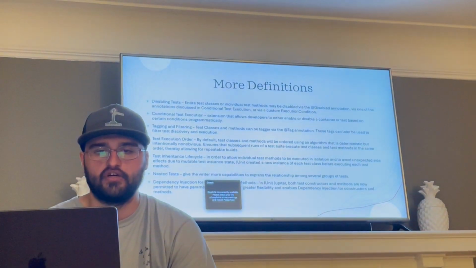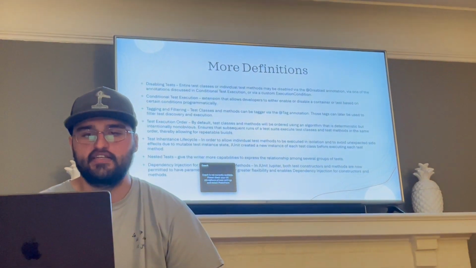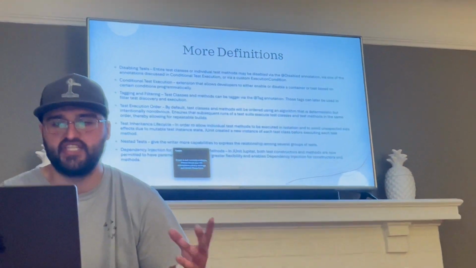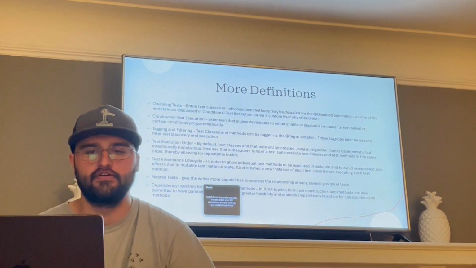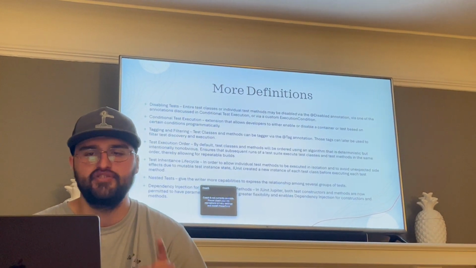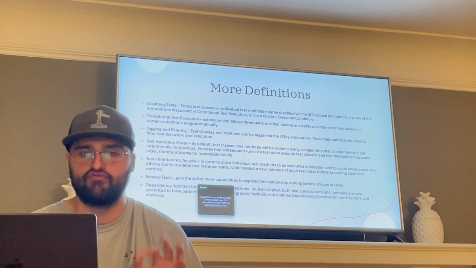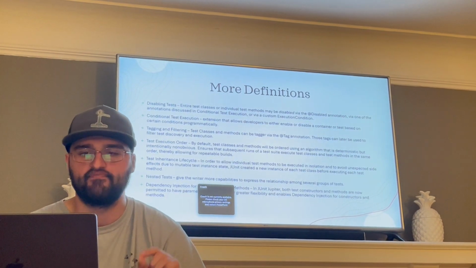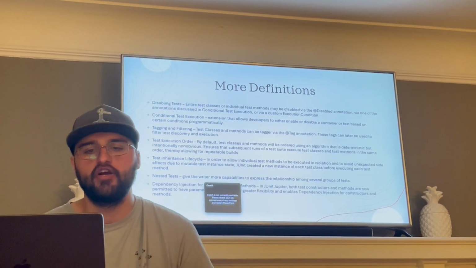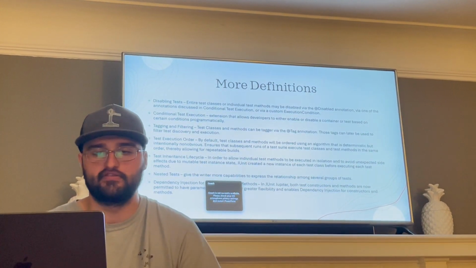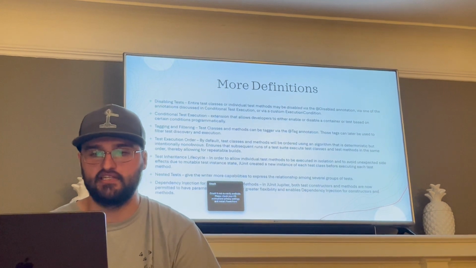Test execution order. By default, test classes and methods will be ordered using an algorithm that is deterministic but intentionally non-obvious. This ensures that subsequent runs of a test suite execute test classes and test methods in the same order, thereby allowing for repeatable builds. Test instance lifecycle.